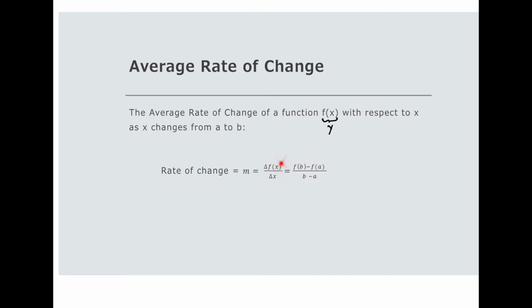is representative of y. So instead of going y2 minus y1, if we're going from a to b, we could take f of b minus f of a divided by b minus a. And of course, these are variables, so I could also go f of a minus f of b, as long as down here I had a minus b.